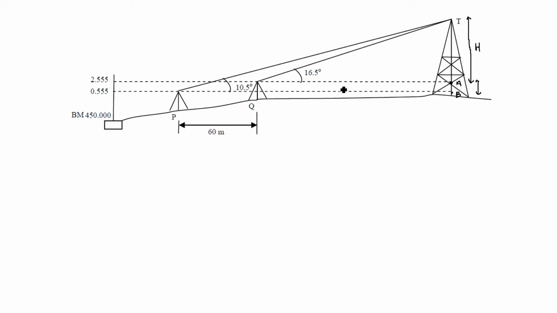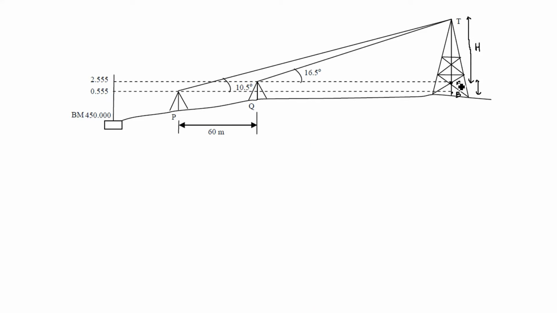Yes. How? We can see here the staff reading of P is 0.555 and staff reading of Q is 2.555, and point A is horizontal to station Q and B is horizontal to station P. So, the staff readings at A and B will be 2.555 and 0.555.